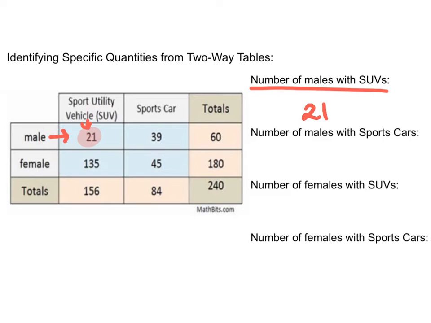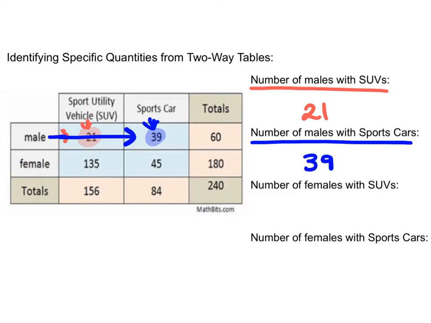The next one asks for the number of males with sports cars. So if I go for males, it is in this across row, and sports cars is in the second column. So you'd have to go over to give us this number of 39.